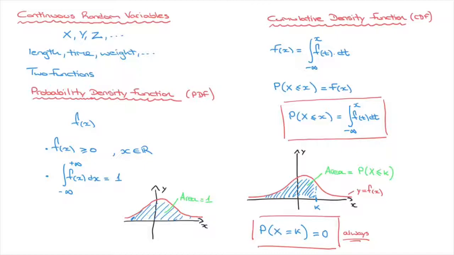A continuous random variable can take on an infinite number of values, and so to make the link with probabilities, what that says is that there is an infinite number of possible outcomes. Consequently, the probability that the continuous random variable take on any specific value will tend towards 0. So much so that we state that it's equal to 0.